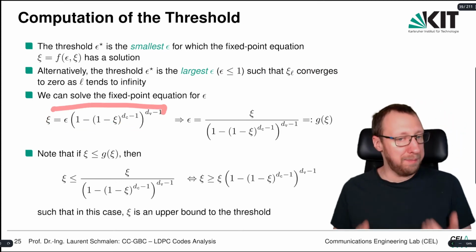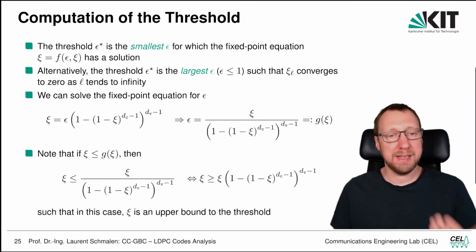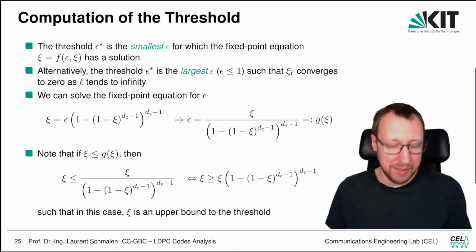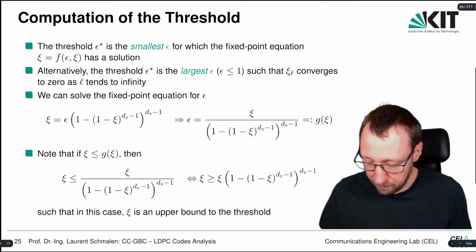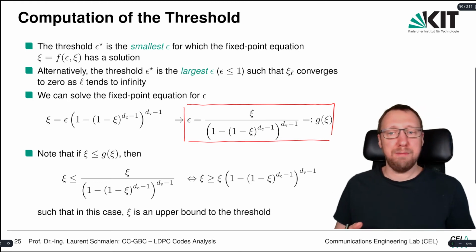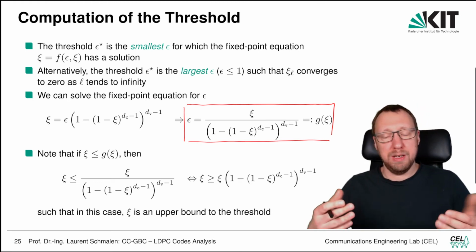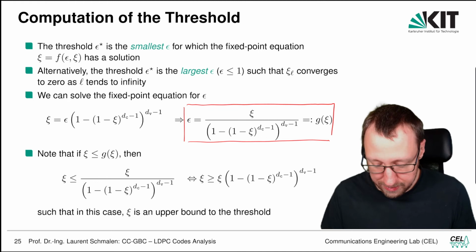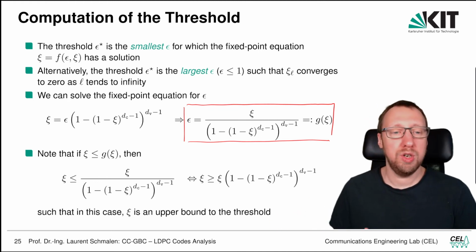CL is equal to epsilon of 1 minus xc power dc minus 1 power dv minus 1. And we solve this for epsilon. So we say that epsilon is equal to xc divided by 1 minus xc power dc minus 1 power dv minus 1. And we define the right-hand side to be equal to g of xc.